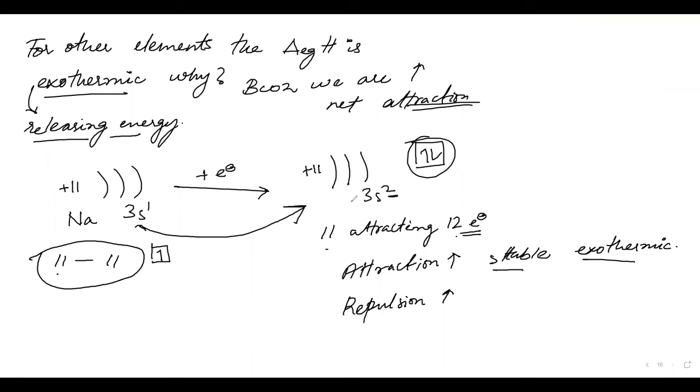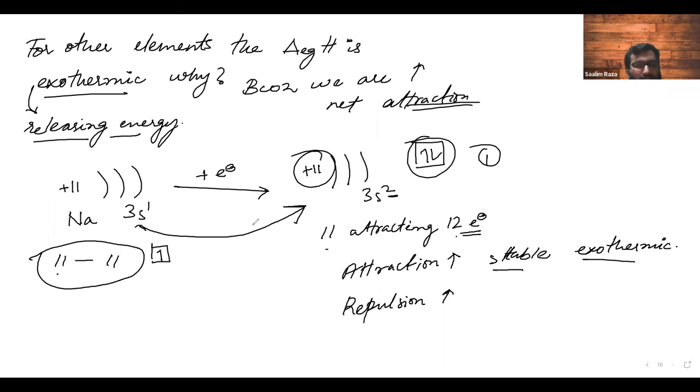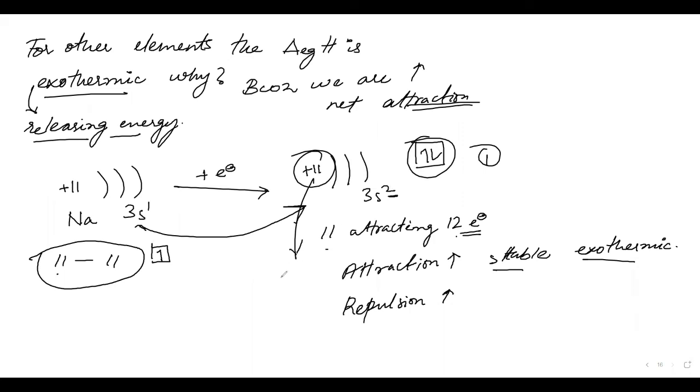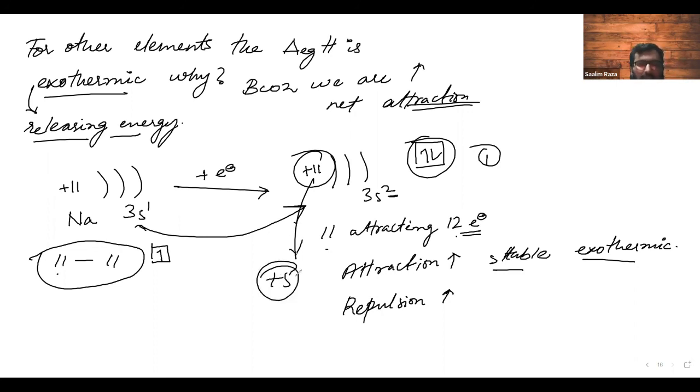Yes, there is repulsion. Repulsion is due to how many electrons? One electron. Attraction is due to how many protons? 11. Even if we consider the shielding and take it as minimum as you can, and say the outermost electron is not getting 11 protons, it is getting just 5 protons, still which will win?